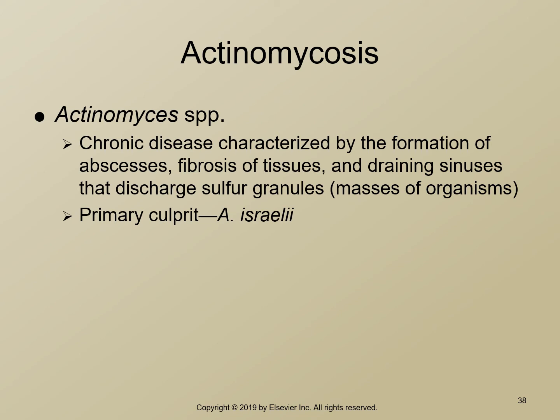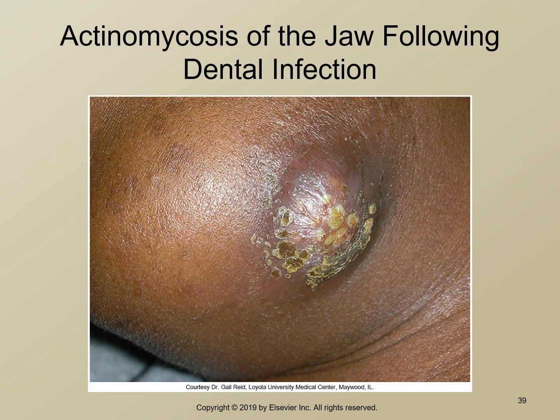It was once thought to be a fungus because of the branching appearance. These organisms can be found as normal flora of the mouth and gastrointestinal and genital tracts. So again, disease usually involves immunosuppressed patients. Here is an abscess formed as a result of Actinomyces infection of the jaw following a dental procedure.